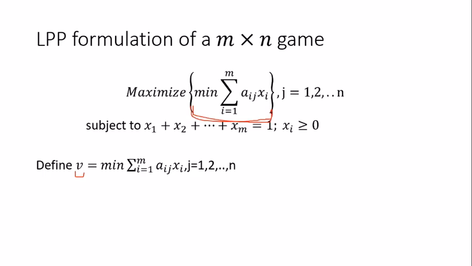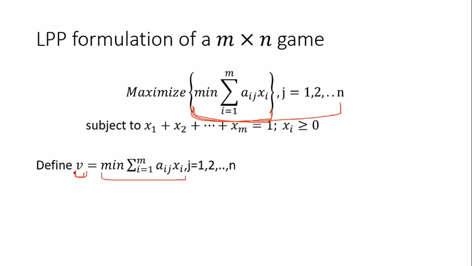So whatever final numerical value comes of the objective function, it's going to represent the value of the game, the final payoff of player A. So that's why we are denoting it by v. This v is denoting this minimum of this. So this minima up to this point, we are just denoting it by another variable.